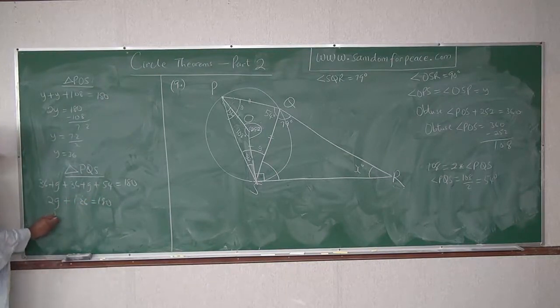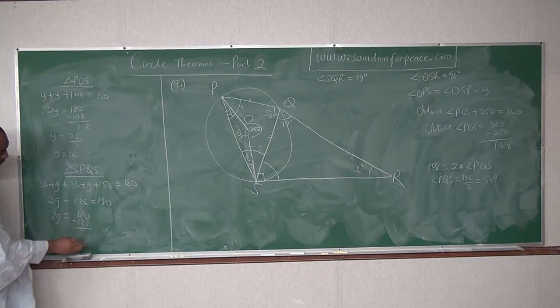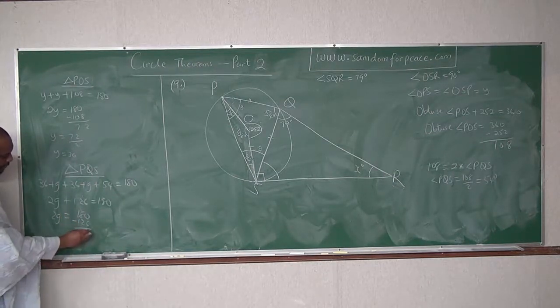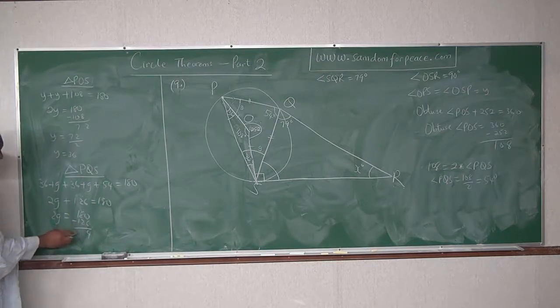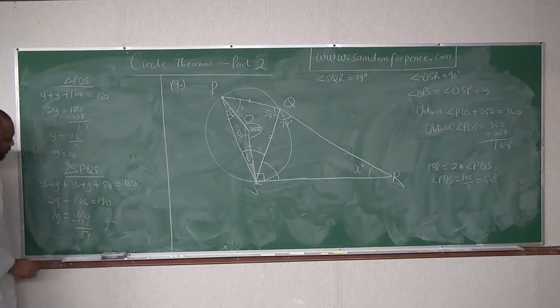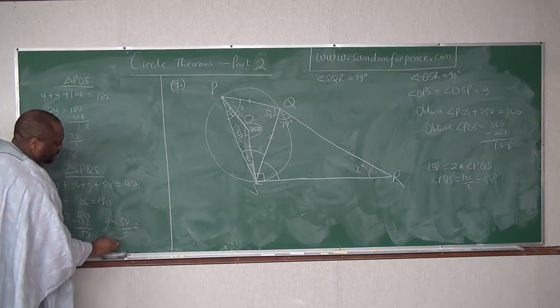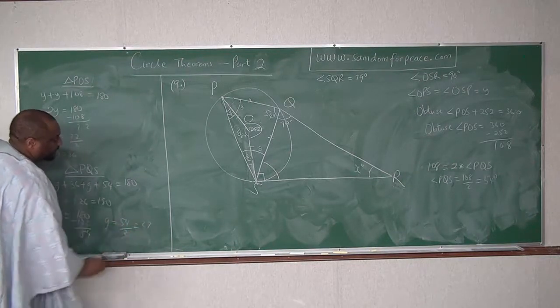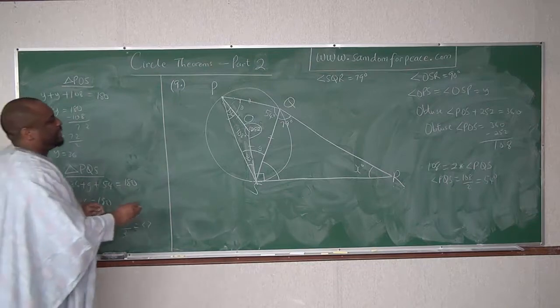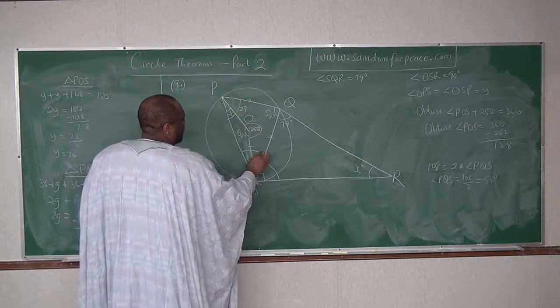So 2G is equal to 180 minus 126, which is 54. So G is equal to 54 over 2, which is 27. So this is 27 here, and this is 27.